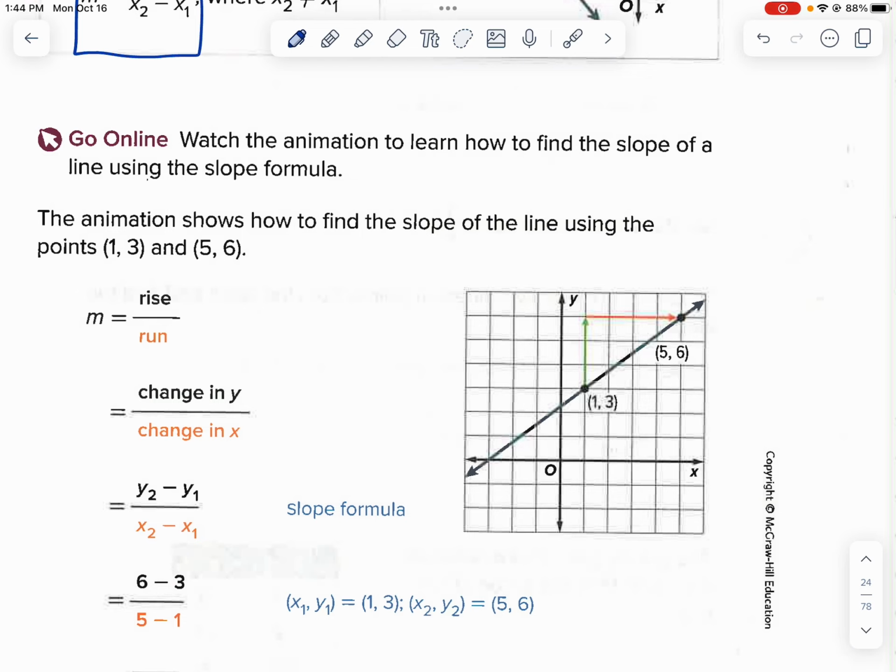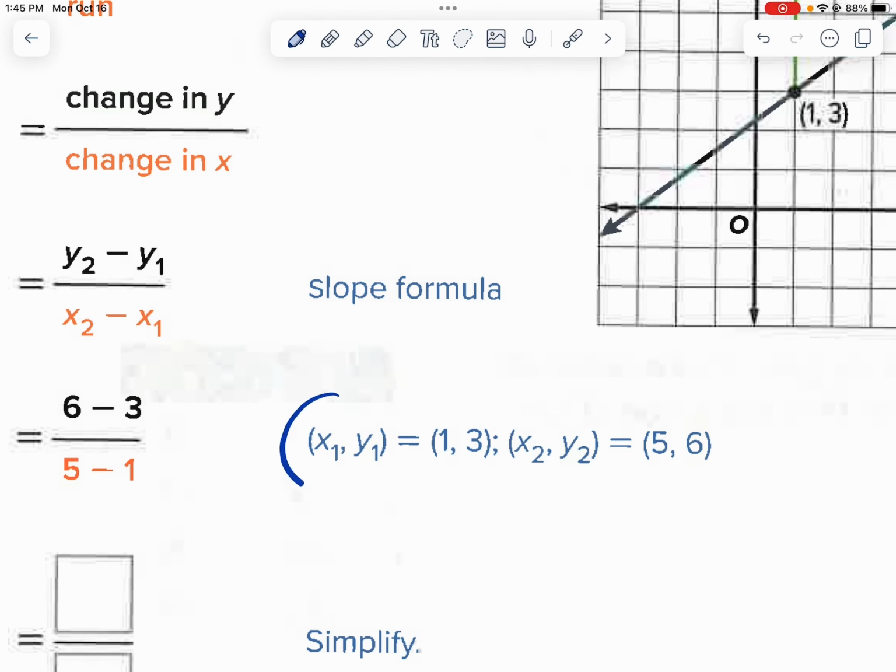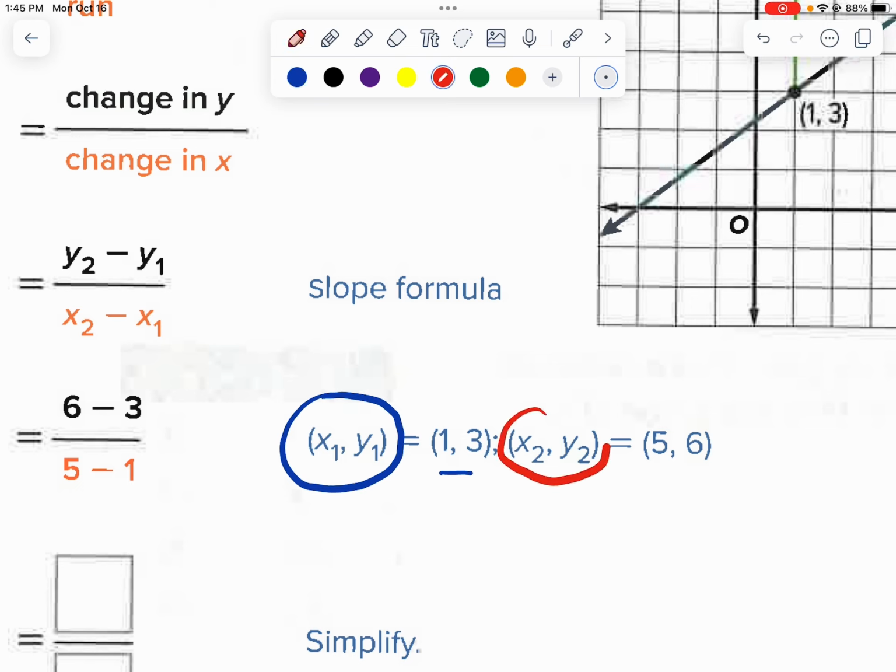So, when I do this, it tells me right here that x1, y1 is this point. It tells me x2, y2 is this point.